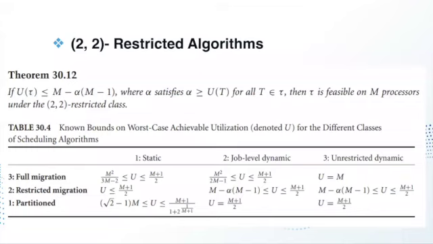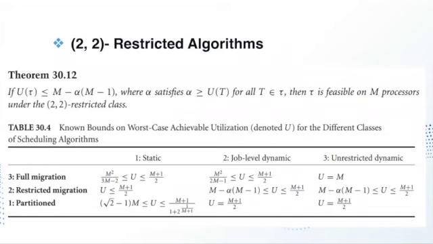2 and 2 restricted algorithms. These algorithms associate a fixed priority with each job and restrict each job to execute exclusively on a single processor. However, different jobs of the same task may execute upon different processors. Such algorithms are particularly appropriate for scheduling task systems in which each job has a considerable amount of state, but not much state is carried over from one job to the next.